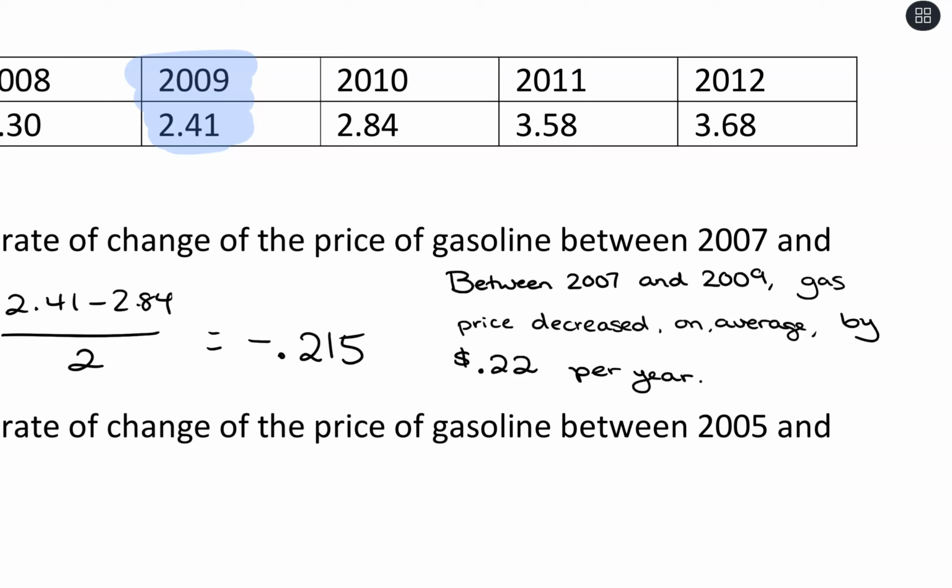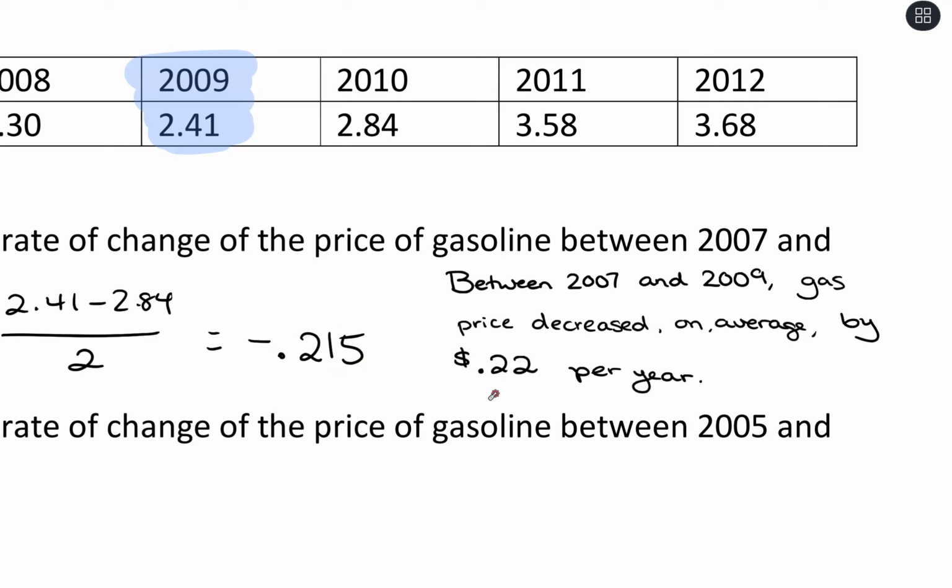So some things in the wording there. We're talking about an interval of those years, specifically 2007 to 2009. We saw an overall decrease because of that negative right there. And then we do want to say that it's happening on average, because this is an average rate of change. And then by this cost per year.